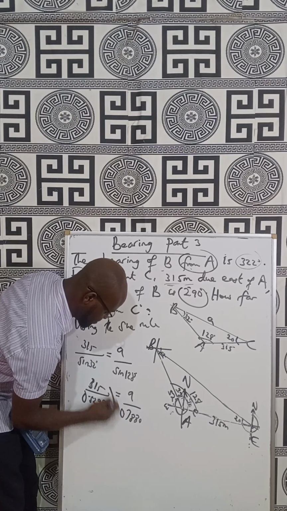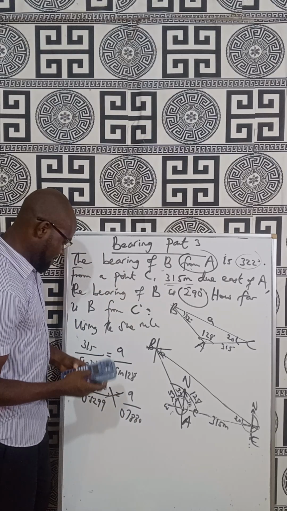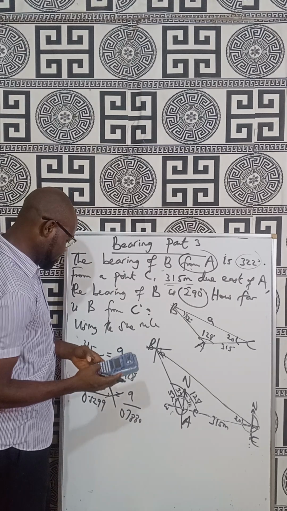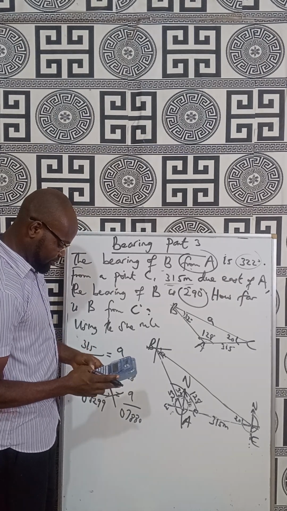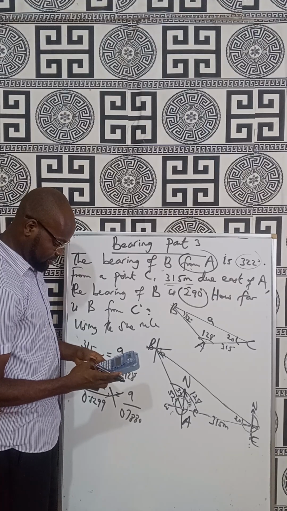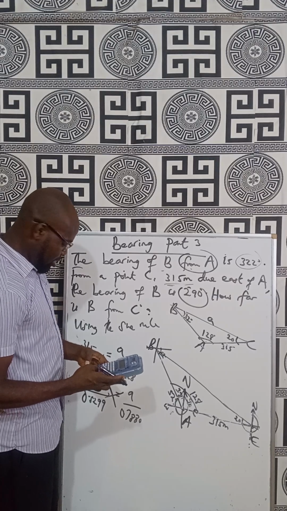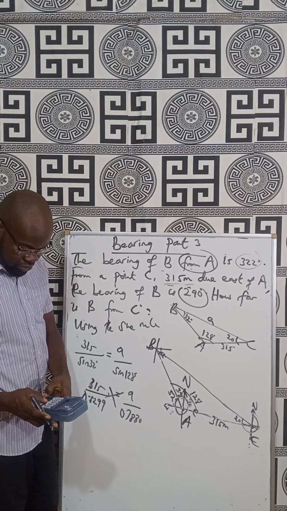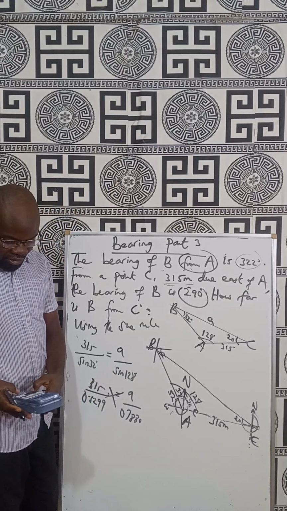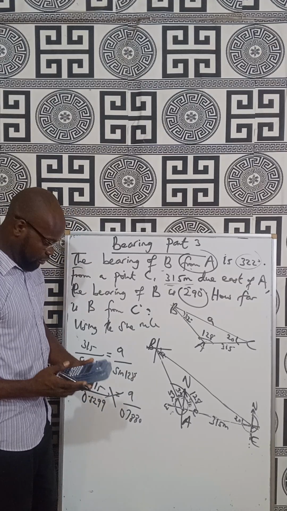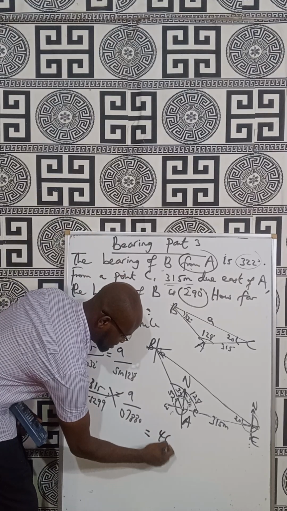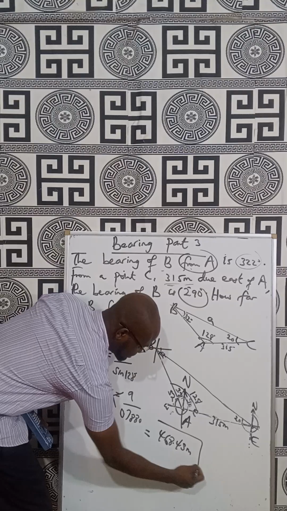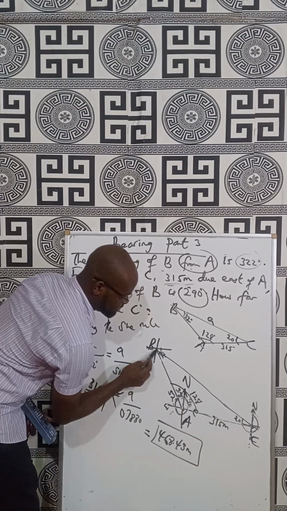So if I cross multiply, my a equals 315 times 0.7880 all over 0.5299. So that's 468.43. So that is 468.43 meters. That is how far B is from C.